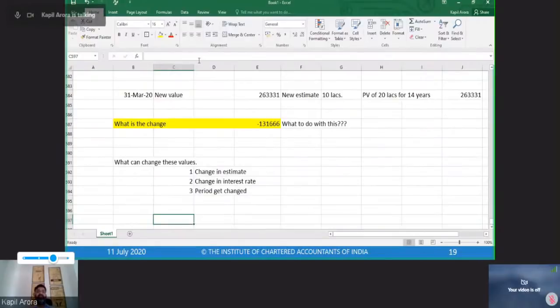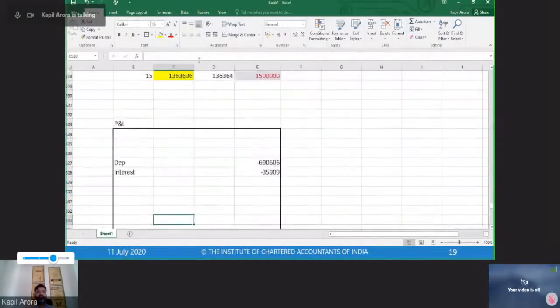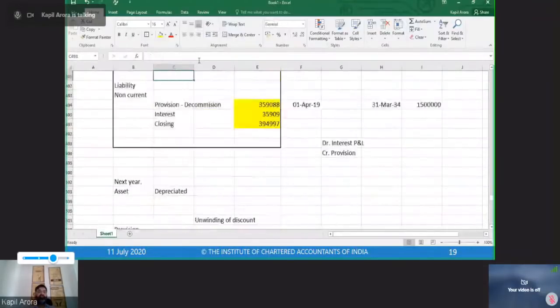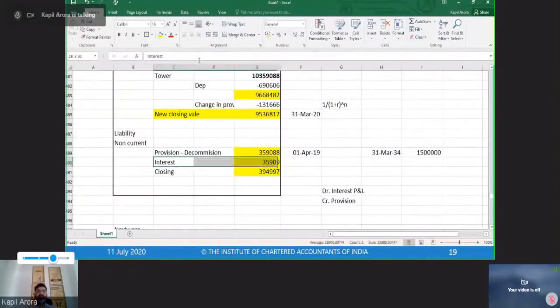So why have we added this interest to the profit and loss account? Because this interest is actually the unwinding of discount, so we call it unwinding.